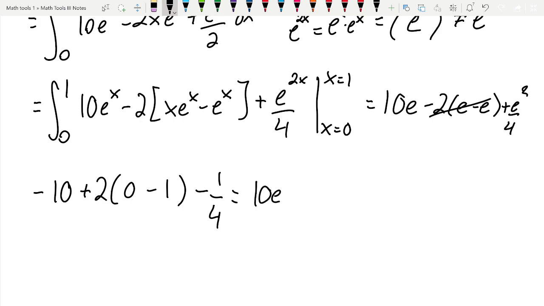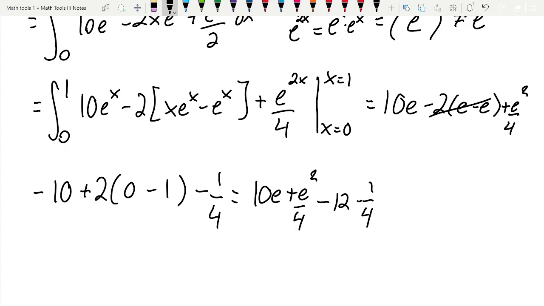So we have 10e plus e squared over 4 minus 10 minus 2, so let's say minus 12, and then minus 1/4. I'll just leave it like that because we can't really make that too simple anyway.